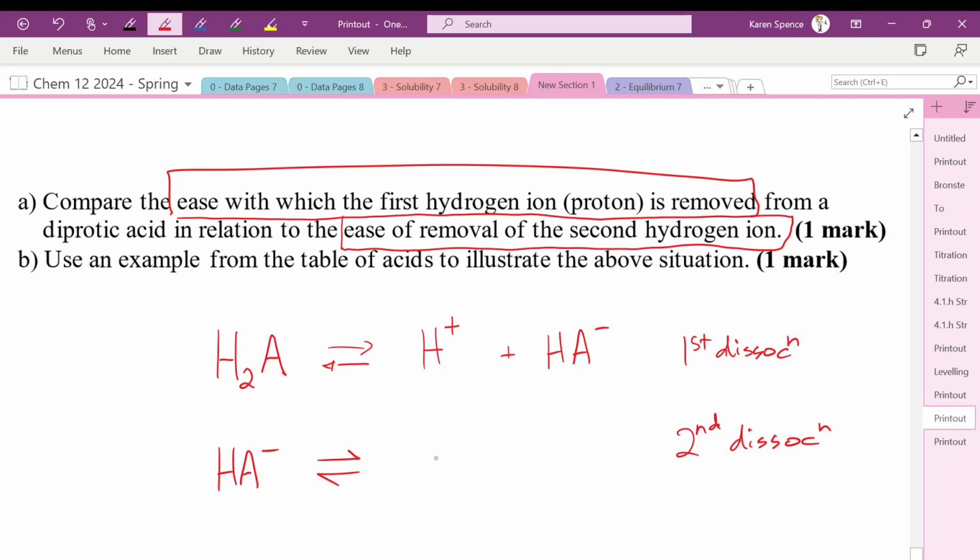Who are the products in that second one? H plus and A2 minus. Excellent.